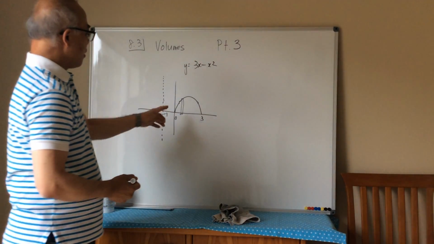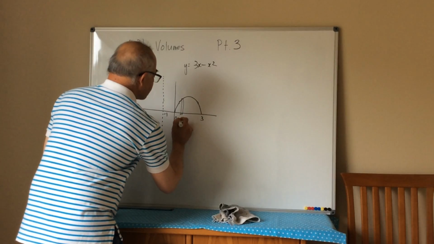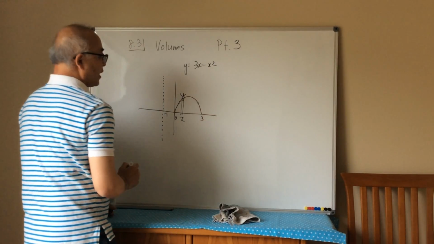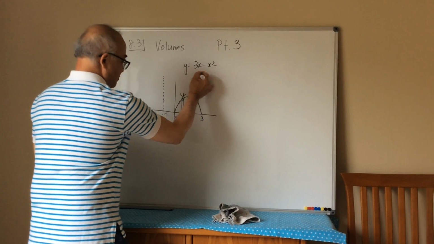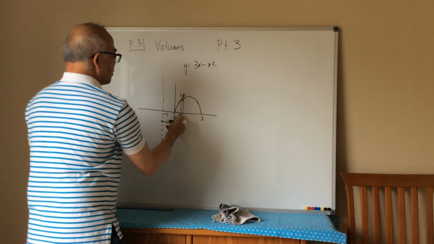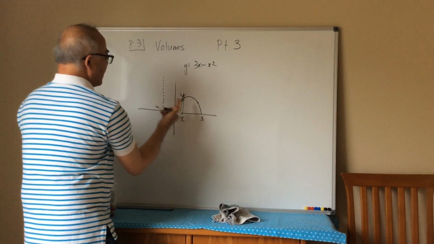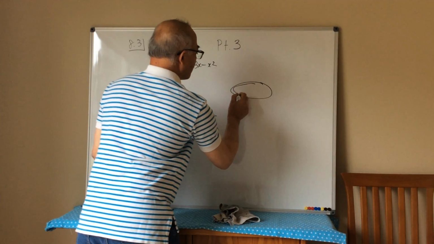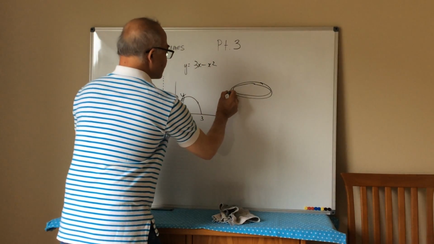Let's say this is point x, which means this would be y here, because it's on the curve. We're going to get a cylindrical shell that looks like this.